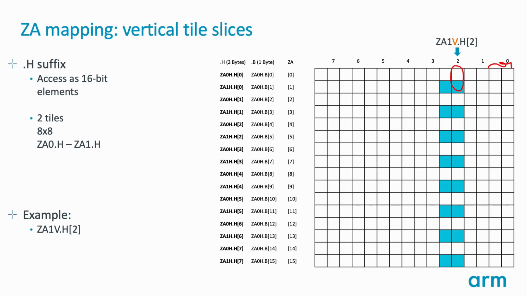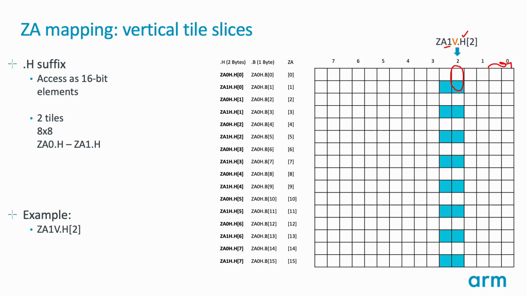And this particular row that we are accessing will be part of tile 1. That is what ZA1 indicates. Since it is a vertical slice access, it is represented by V, and the .H represents 16-bit element access. The 2 is the number which you are accessing. That is the column that you are accessing. So within tile 1, that will be ZA1V.H2.